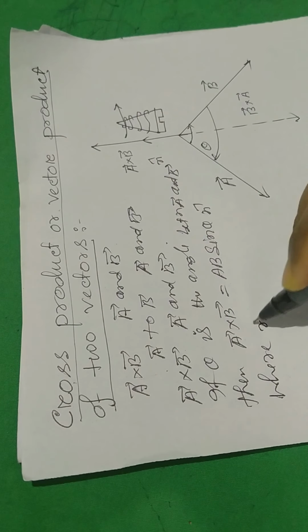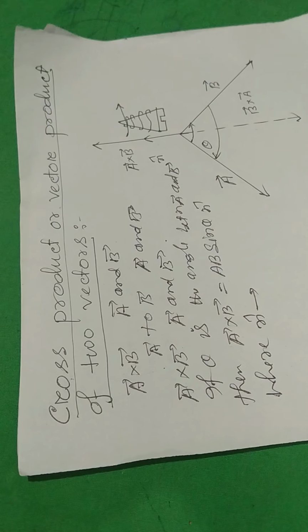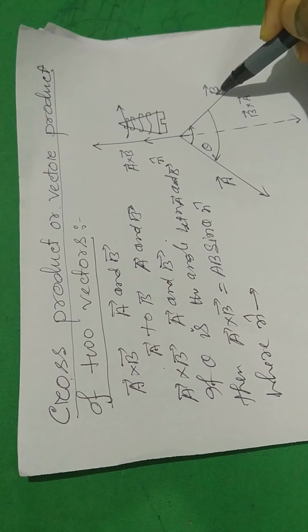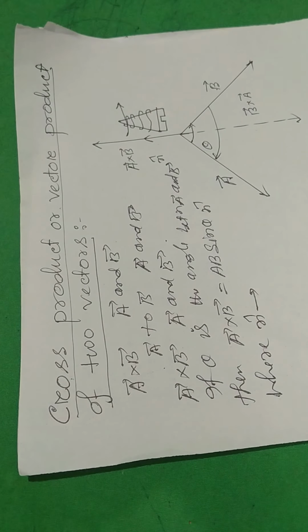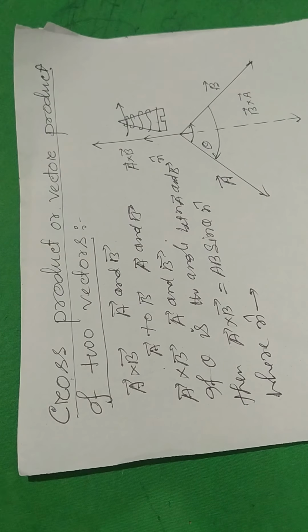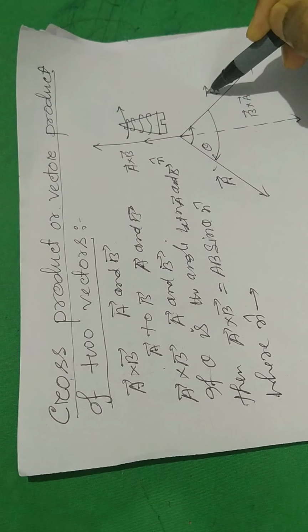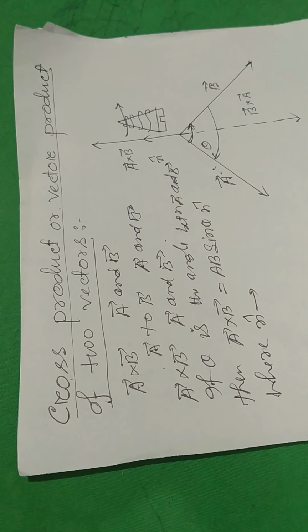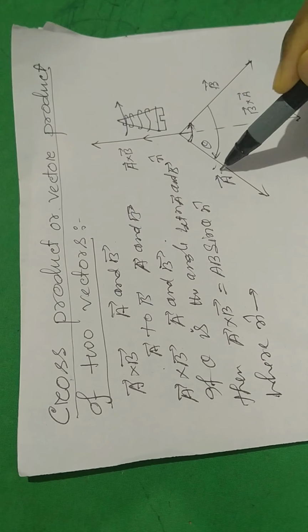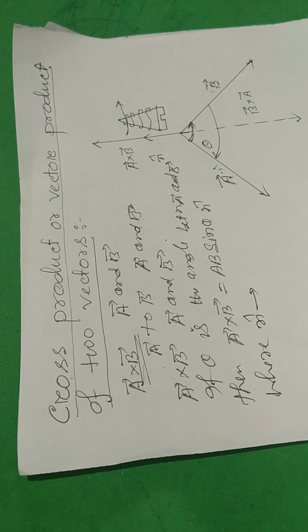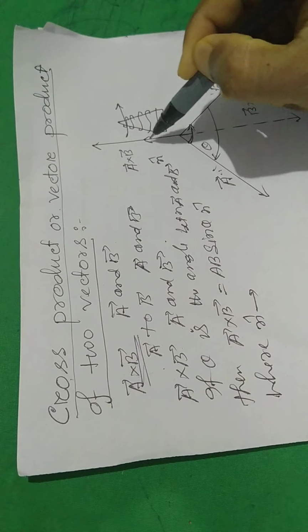where n cap is the unit vector perpendicular to both the vectors A and B and points in the direction in which a right-handed screw will advance when rotated from A to B. Then the direction of vector A cross B is that of the unit vector n cap.